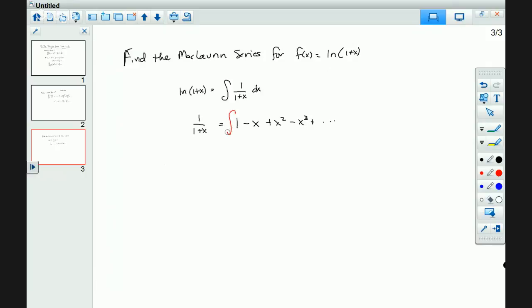So if we integrate both of these, out the backside, we should get natural log 1 plus x, correct? Is that right? Sure hope so. Yeah. So there you go.